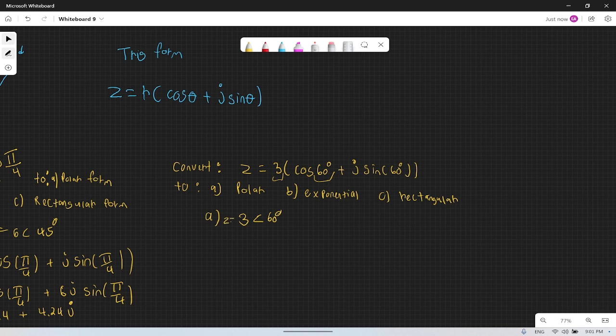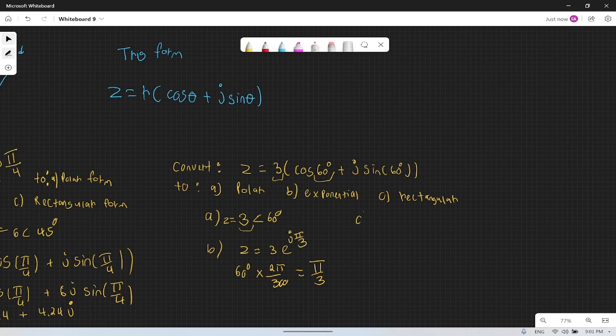And then for exponential, z equals the r value, so it'd be 3 e to the power of the angle, but we have to convert that angle: 60 degrees times 2 pi over 360 equals pi over 3. So it'd be 3 e to the j pi over 3.